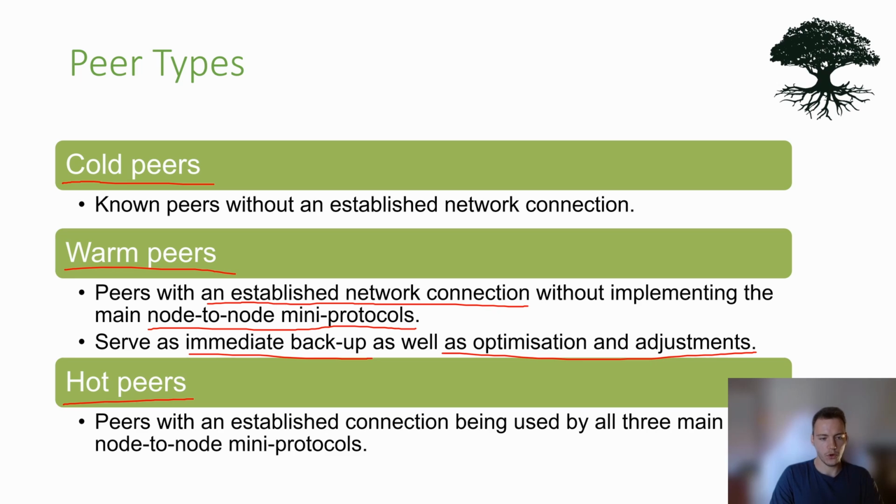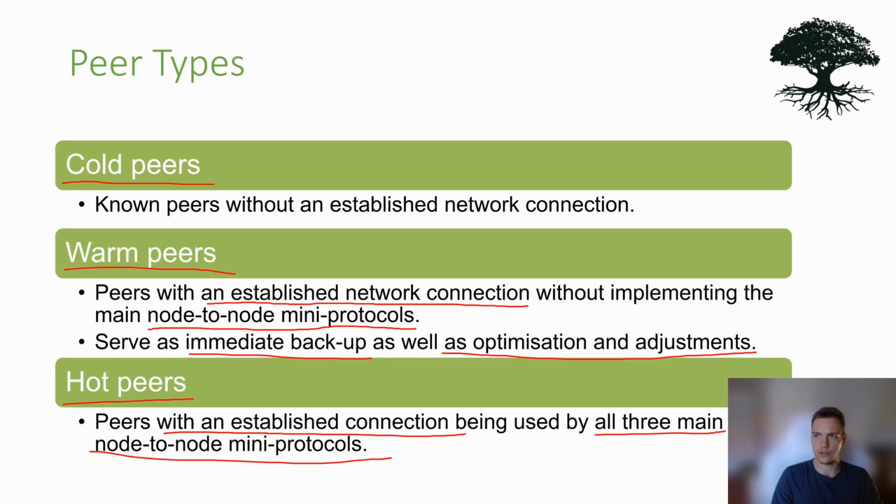And then we have hot peers, which are basically what I was calling active peers just previously. Hot peers are those with an established connection, like warm peers. But in addition to that, they use all three main node-to-node mini protocols.